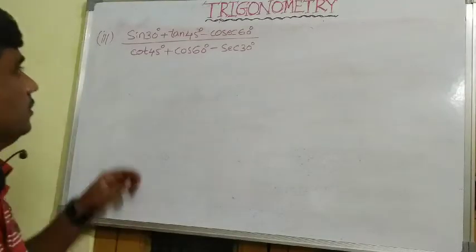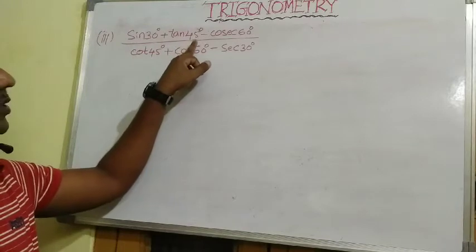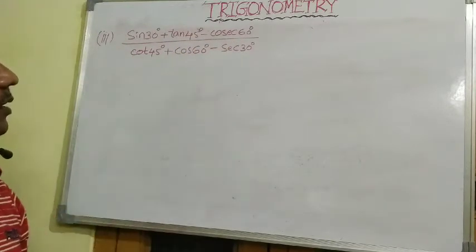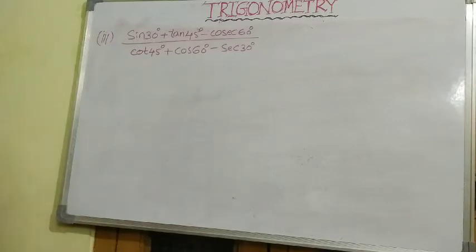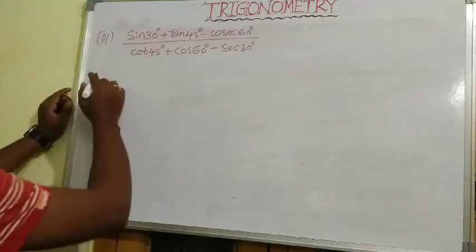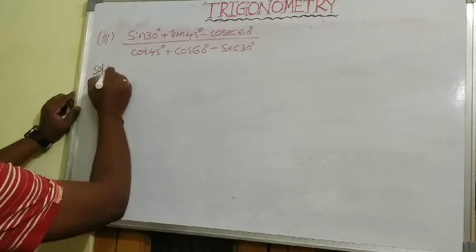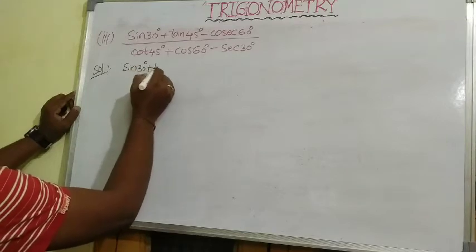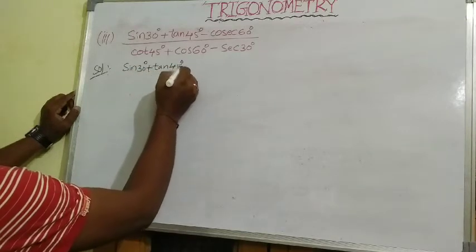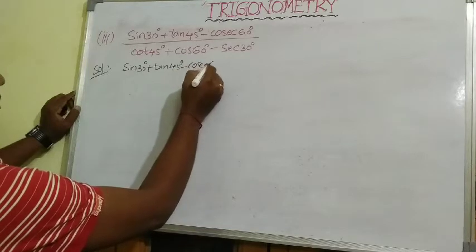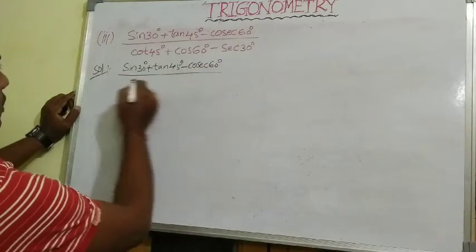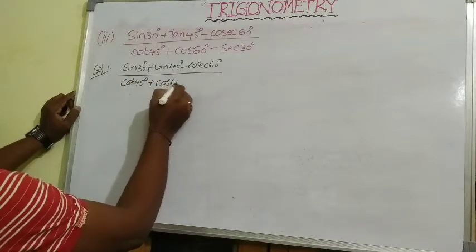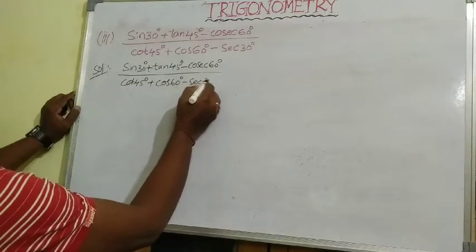So next, the third one: sin 30 plus tan 45 minus cosec 60 by cot 45 plus cosec 60 minus sec 30. So this value we have to calculate. Here the given value is sin 30 plus tan 45 degrees minus cosec 60 degrees by cot 45 degrees plus cos 60 degrees minus sec 30 degrees.